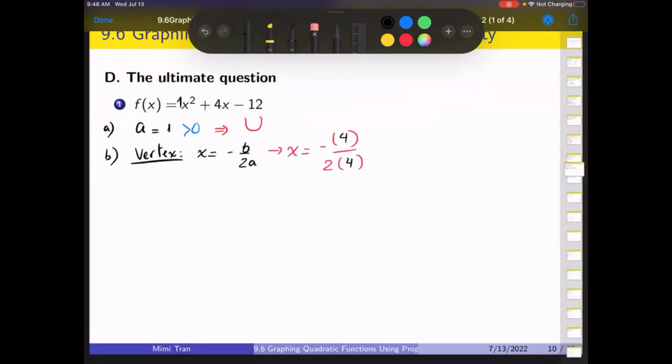And then once you have that, you plug into the function. So y equals something squared plus 4 times something minus 12. That something now is the x value we found.